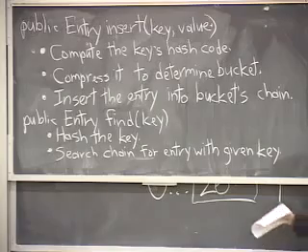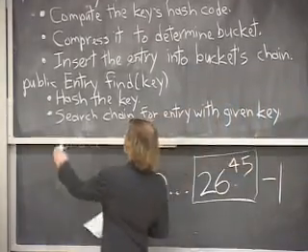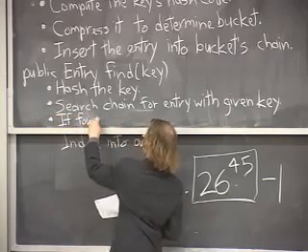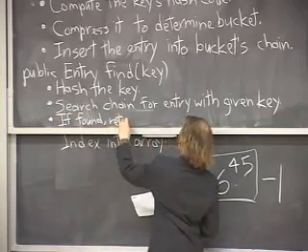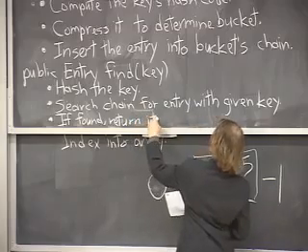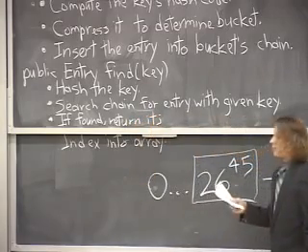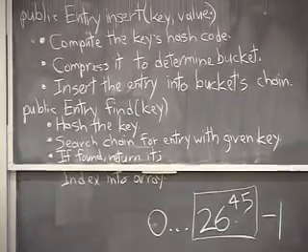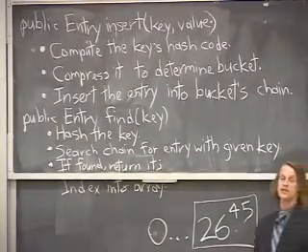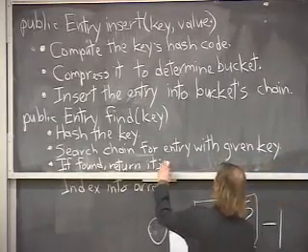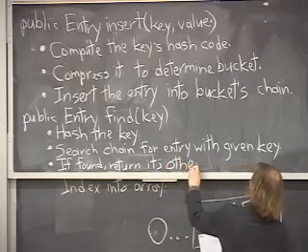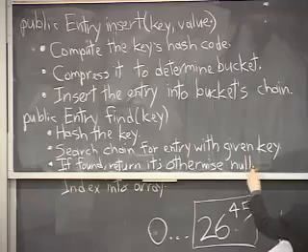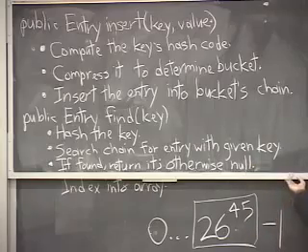And if you find an entry that has the right key, you return it. But if you get to the end of the chain and you haven't found any entry that has your word in it, then your word's not in the dictionary, so you just return something that says your word's not in the dictionary. So Goodrich and Tamassia, they just return null.